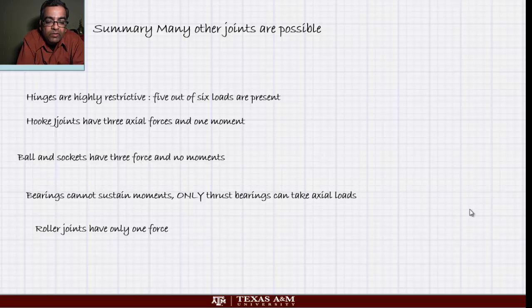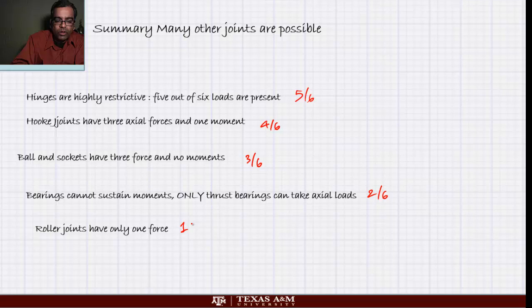Bearings cannot sustain moments, they will have 2 out of 6. Only thrust bearings can, and they are like ball and sockets. Finally, rolling joints are 1 out of 6. So 5 out of 6, 4 out of 6, 3 out of 6, 2 out of 6, 1 out of 6.